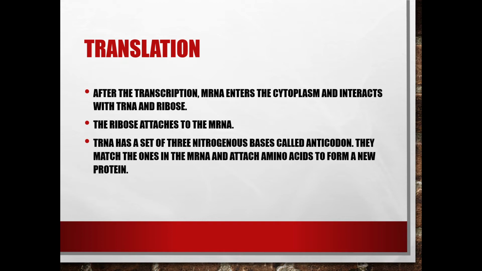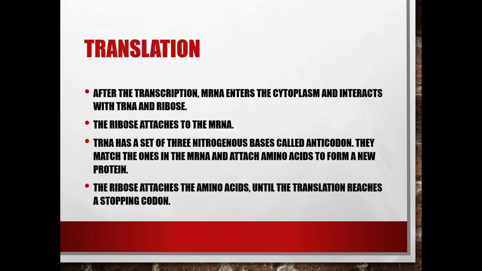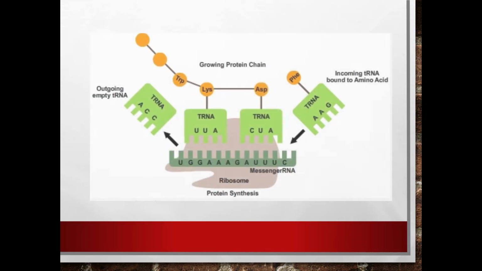So based on that, it is going to add a certain amino acid, and the ribosome is going to be in charge of keeping on putting all of the amino acids together to form a protein. The ribosome attaches the amino acids until the translation reaches the stopping codon. We already analyzed what the stopping codons were.